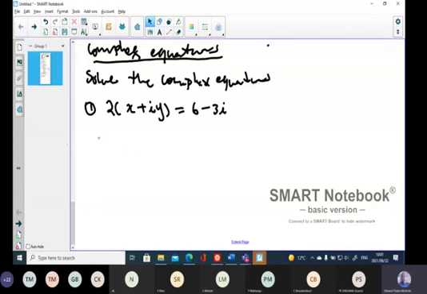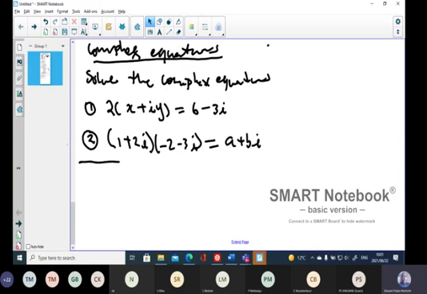Let me just put number 2 also before I solve. Number 2: 1 plus 2i times 2 minus 3i equals a plus bi. So for number 1, let's give the solutions. Solution for the first one: 2x plus 2iy equals 6 minus 3i.